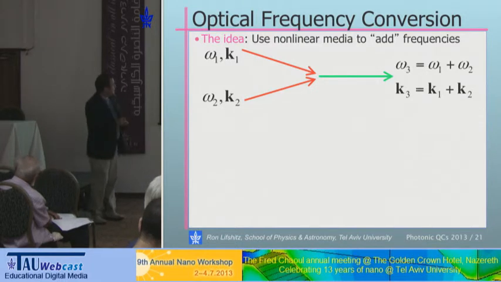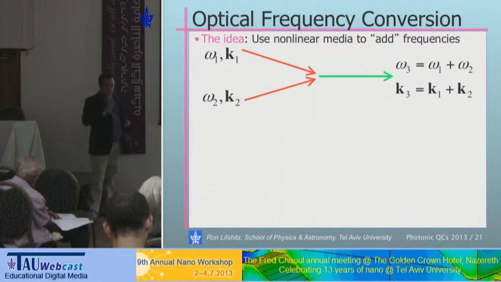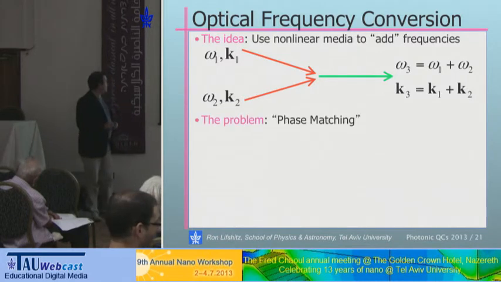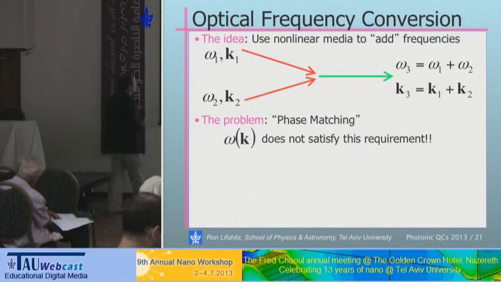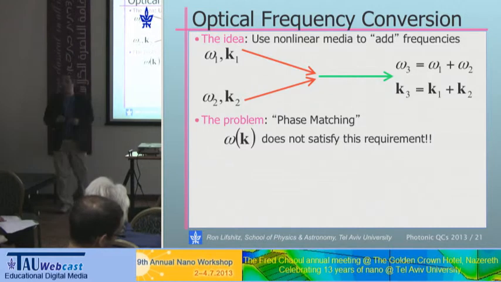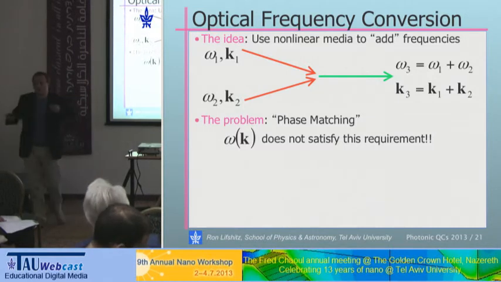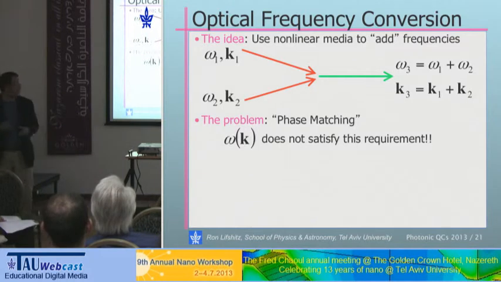The frequency of the output light has to be the sum of the frequencies that come in, and the wave number of the light that comes out has to be the sum of the wave numbers that come in. And the problem that one encounters in many of these materials is that the relation between frequency and wave number in the material, so these are not two independent properties, they depend on each other.